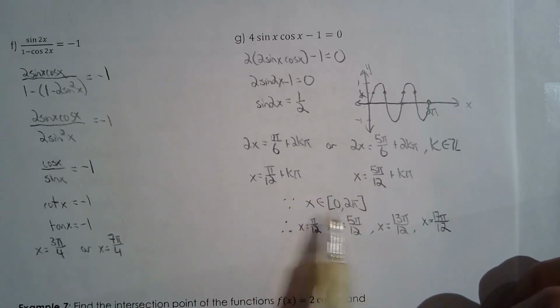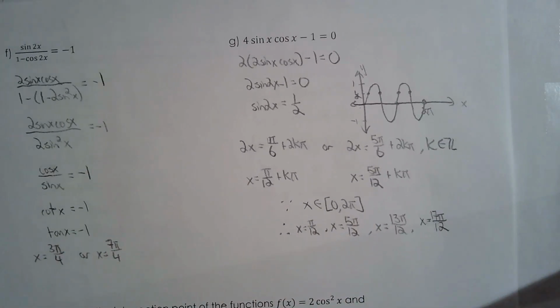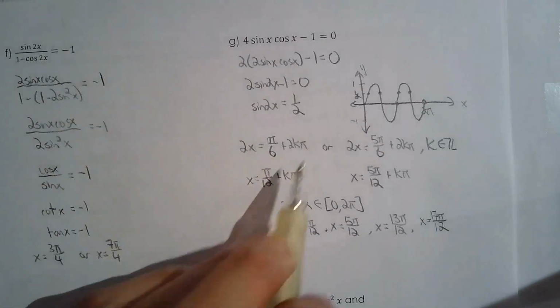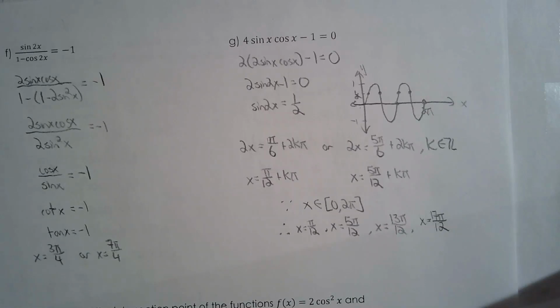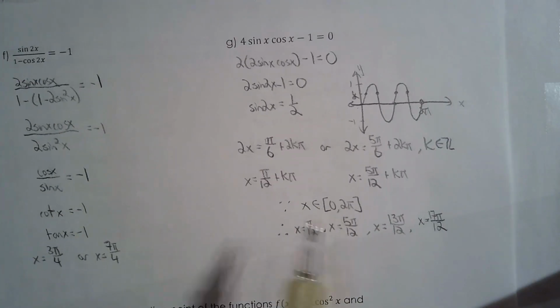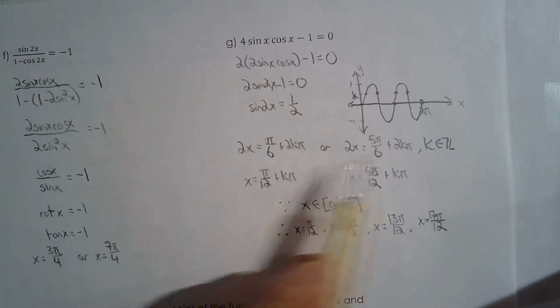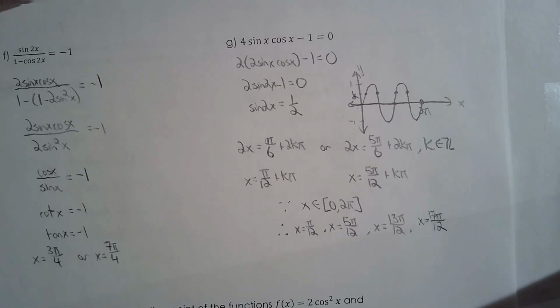Because once the restriction is different, then I want to make sure I actually have all the roots. So it's never a bad idea, but there are certain times where I do try to find all the roots for you. Another reason is if there are no restrictions. If x wasn't restricted from 0 to 2 pi, I'm definitely studying all the coterminal angles, because that's the only way I'm going to achieve all the roots to the equation.